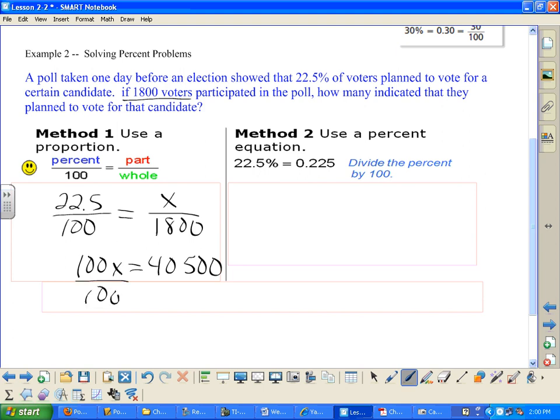Right, then when we divide by 100, we'll get x equals 405, and that is what? The people who voted for the candidate, right? 405 people voted for the candidate.